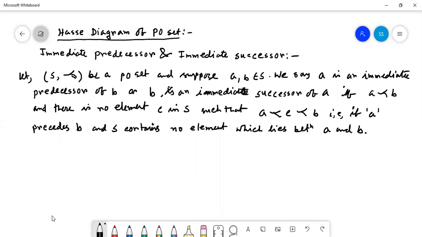A precedes B, but there is no element C between A and B, then we can say it is the immediate predecessor or immediate successor. This is written with a double sign.